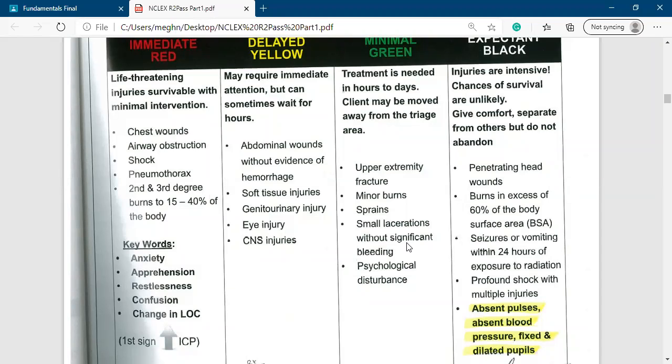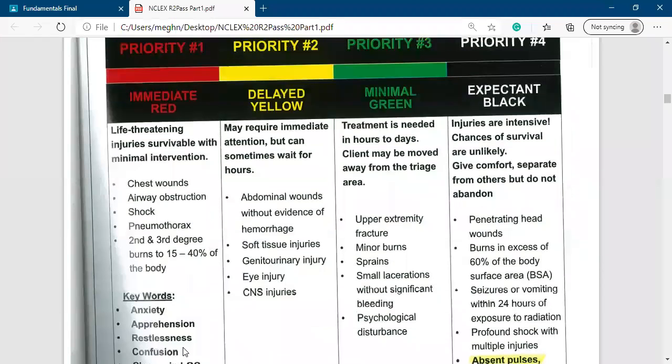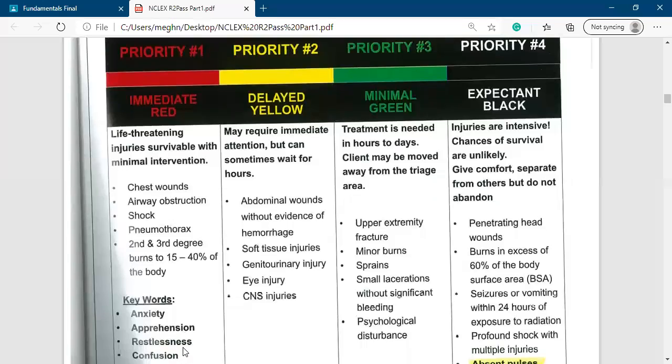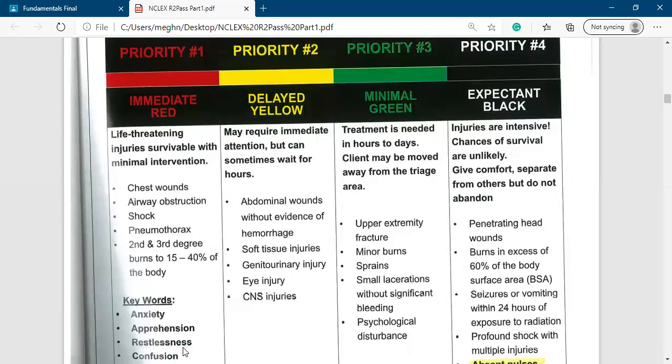Minor burn, minor, not major, meaning the percentage of the burn is less, or small laceration, or some psychological disturbance. This is the green or class 3. And the last one is class 4.